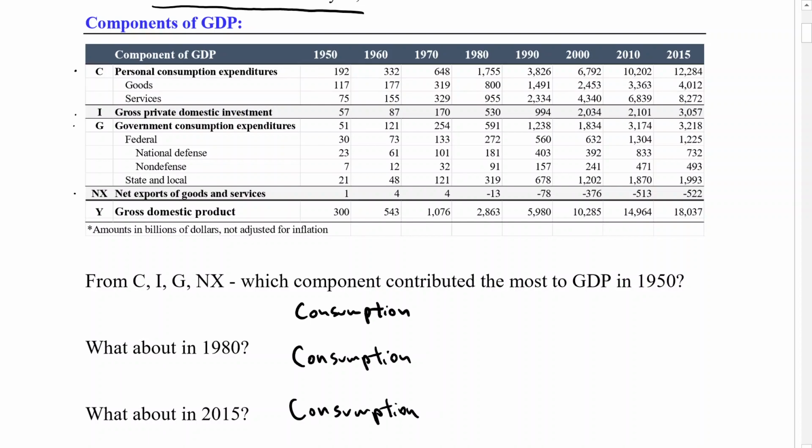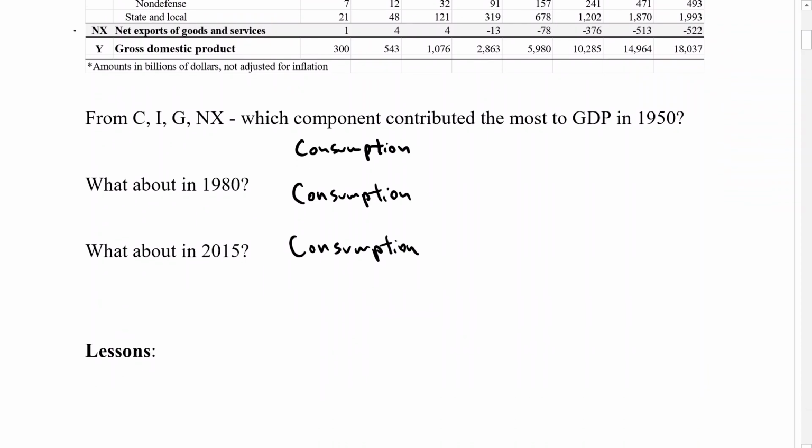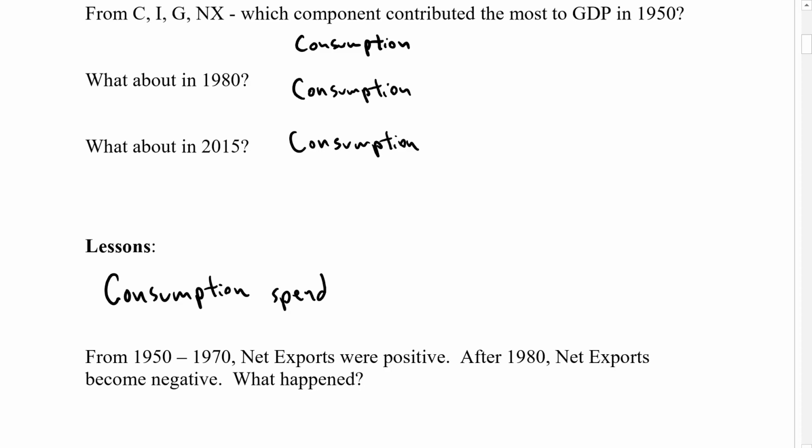So a quick takeaway from that part is that consumption spending makes up the majority of U.S. GDP.